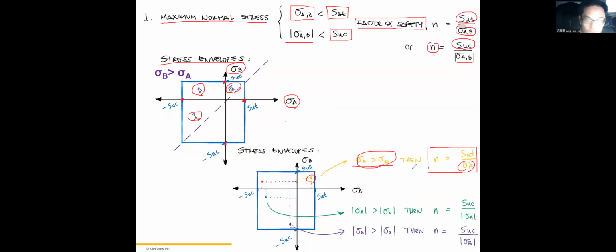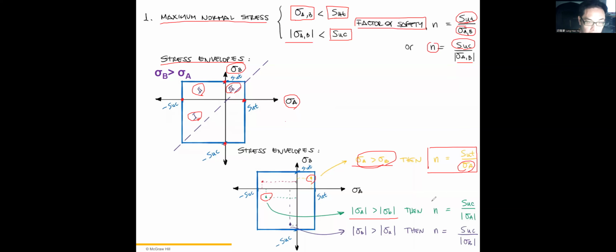Okay, for the case that the stress condition is located in the third quadrant, the absolute value of sigma A is greater than sigma B, because it's within the compressive area.